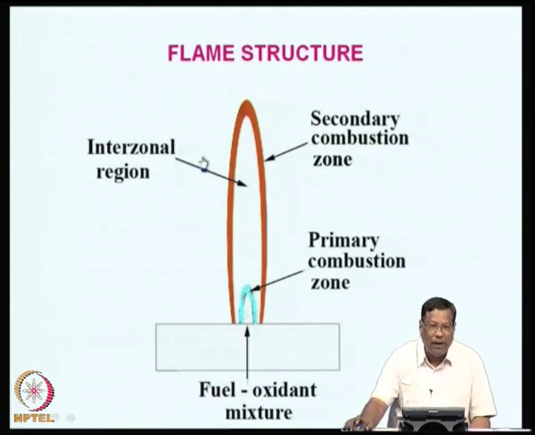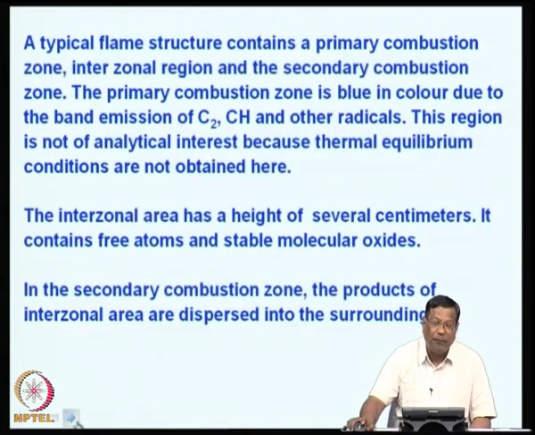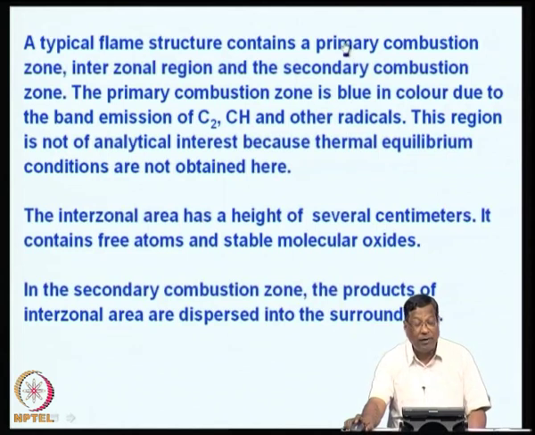So, whenever you see any flame, you would be seeing all these three if you have good observation power and provided the gas mixture is in proper proportion. So, a typical flame structure is always like this.